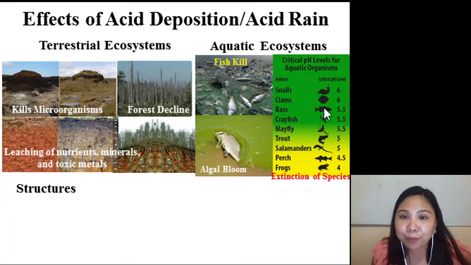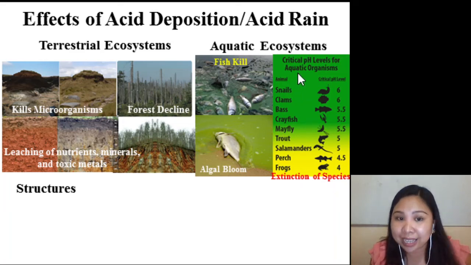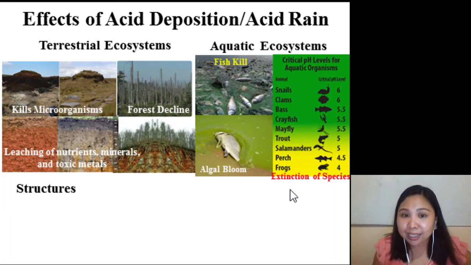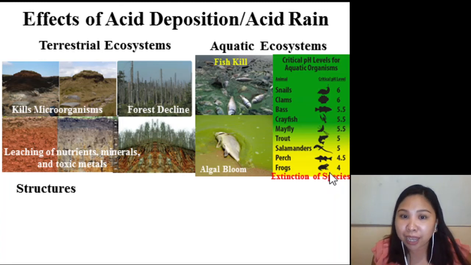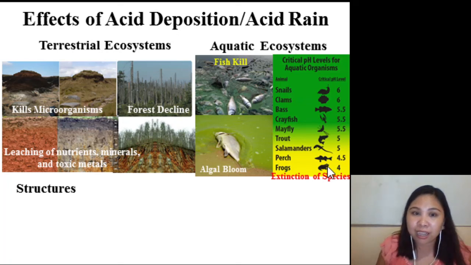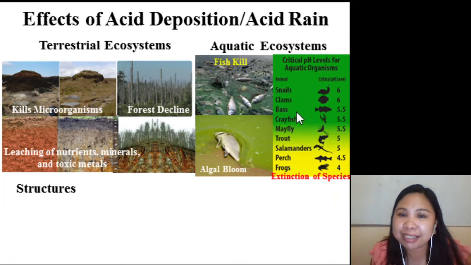So, eto po, these are the critical pH levels of some aquatic organisms. Yung frog, kapag yung kanilang habitat ay umabot ng 4 ang pH, probably yung mga frog ay mae-extinct. Hindi na sila mabubuhay. Ito pa, madami: salamanders, yung mga snails.